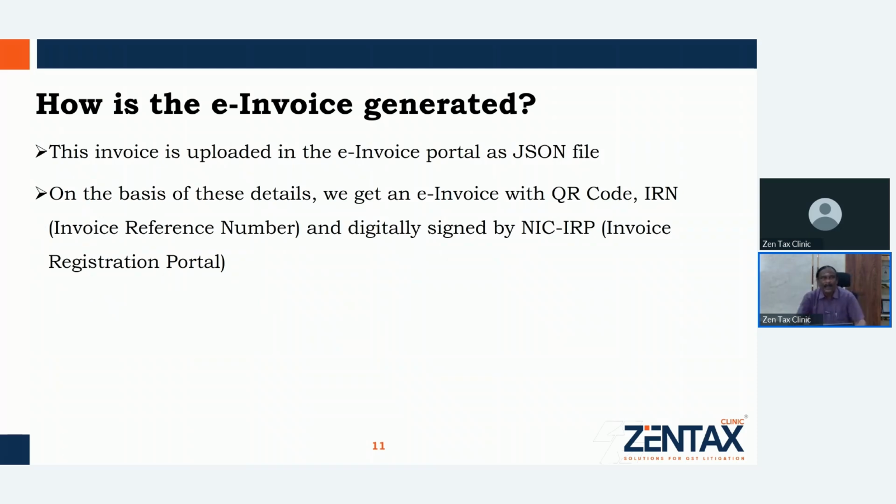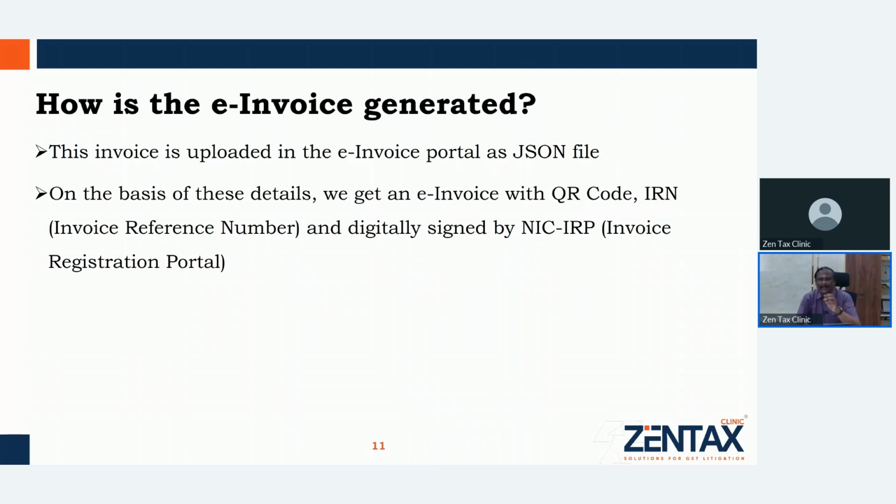After that, you upload these details as a JSON file, and on that reading, you will get a QR code and then IRN. So you are not going to feed the data. You have to keep the data ready, and then you have to feed it as a JSON file. This is what happens.